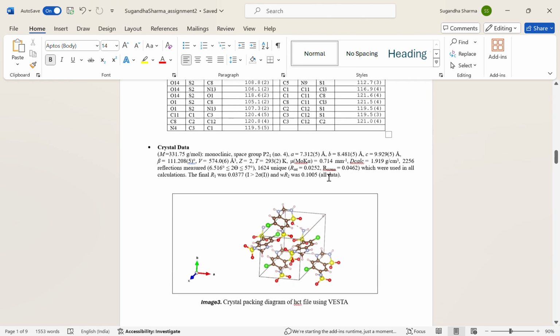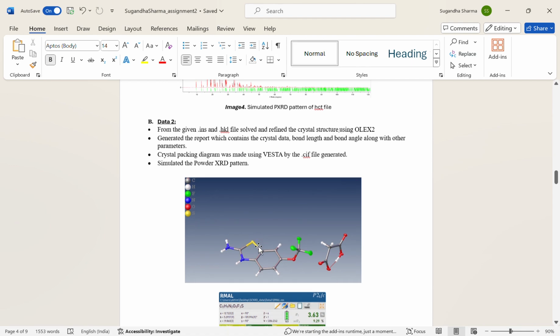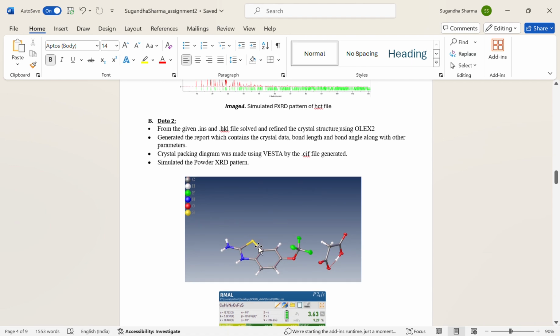Next, for the second data also we loaded the INS and HKL file. We again compared the molecular formula with the most closely related molecule from the paper uploaded, and then after correlating, we assigned the atoms in the molecule.